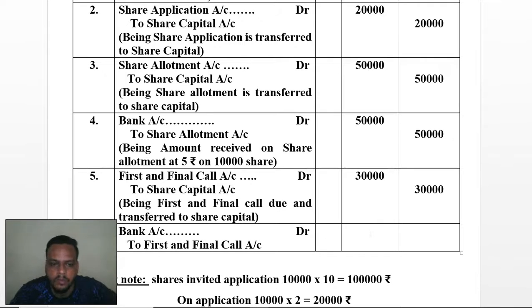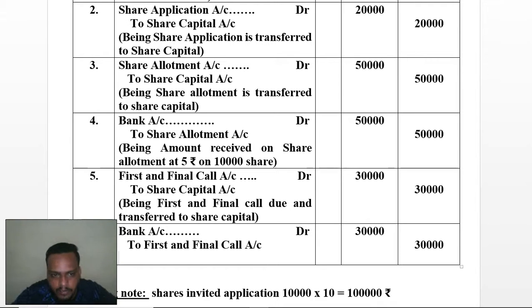Here the amount will be the same, 30,000. So these entries are there for the amounts of the final call. Here everything has been mentioned and it looks like our entry has been completed.